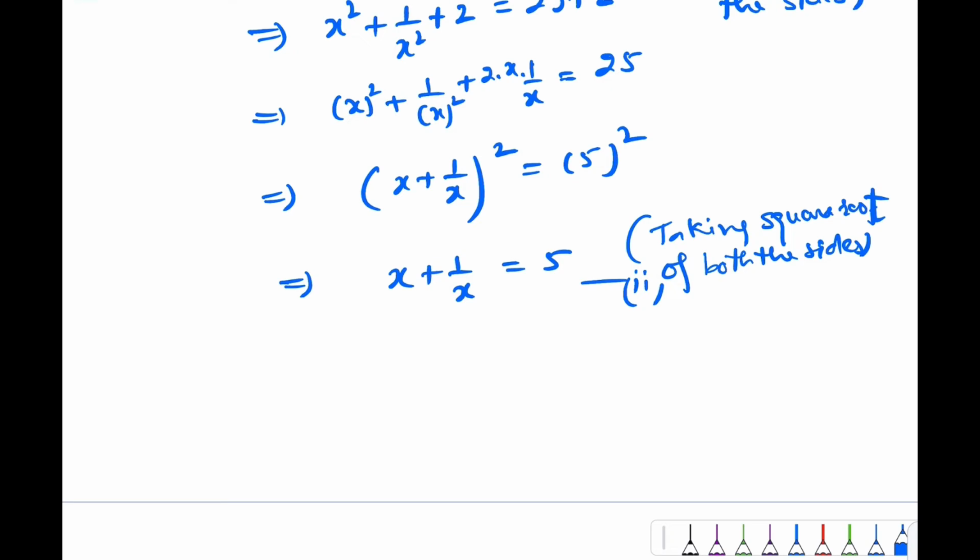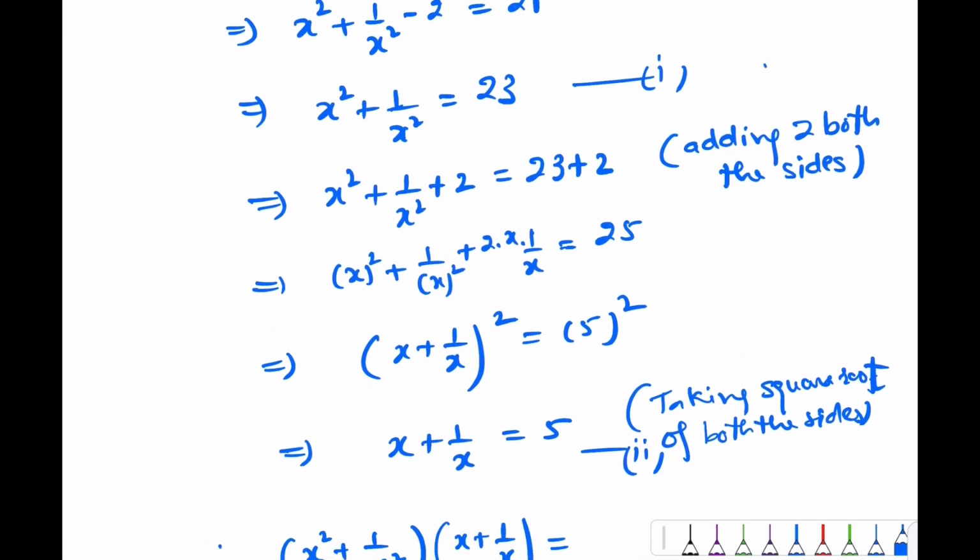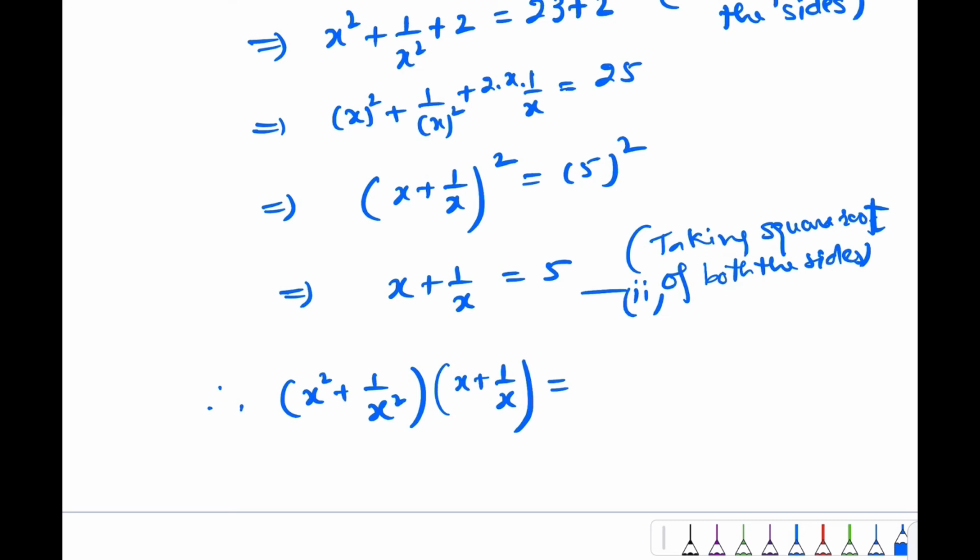So we want to find the value of x square plus 1 by x square into x plus 1 by x. So this is equal to x square plus 1 by x square equal to 23 from equation number 1. So this is equal to 23 into x plus 1 by x equal to 5 from equation number 2.